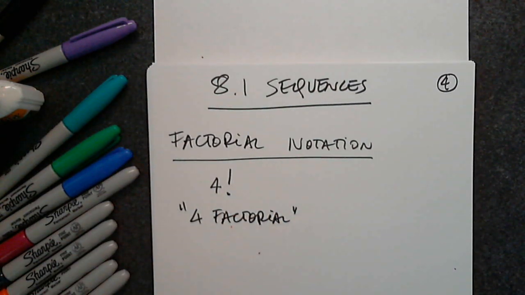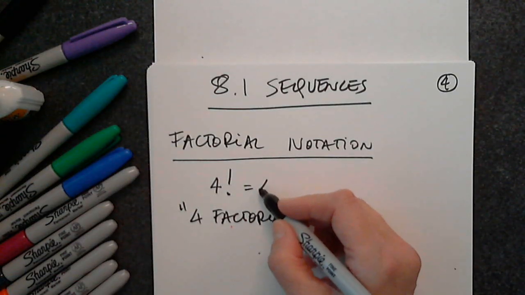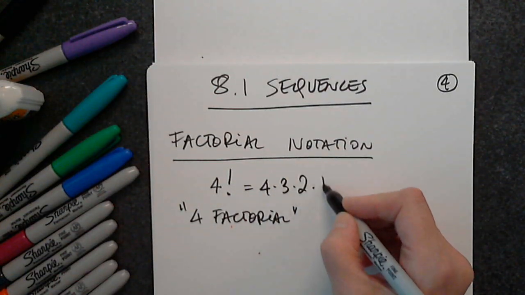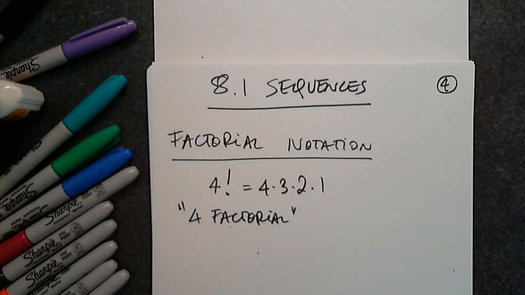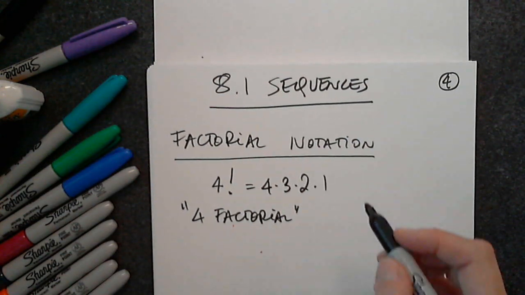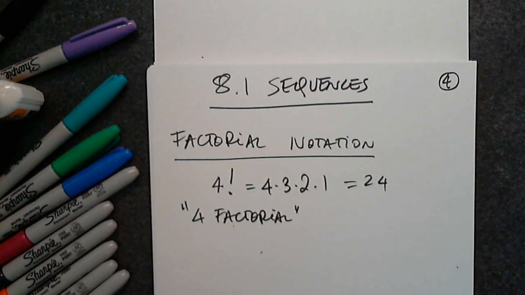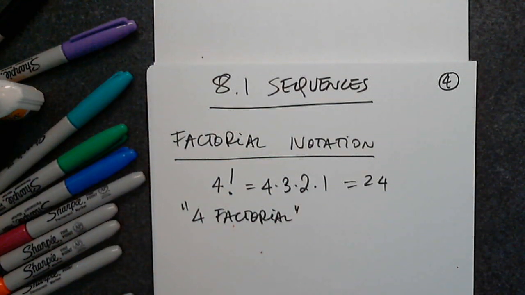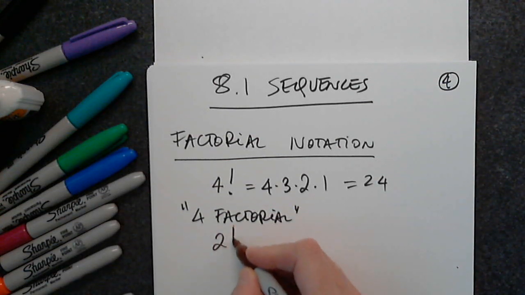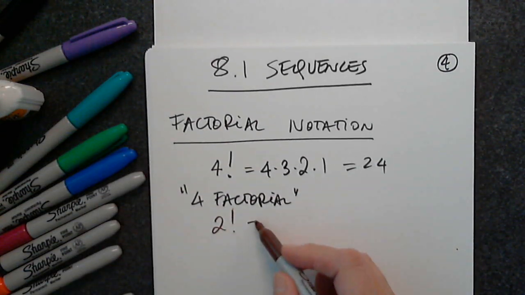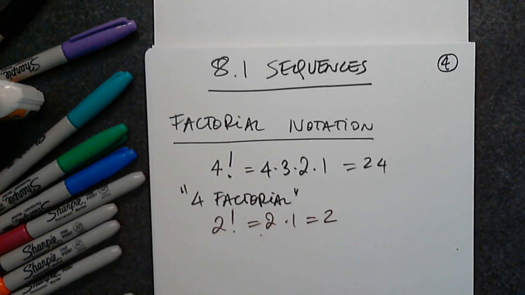This means the product of the first 4 numbers: 4 times 3 times 2 times 1. 4 times 3 is 12, 12 times 2 is 24. What about 2 factorial? 2 factorial is 2 times 1, which is 2.